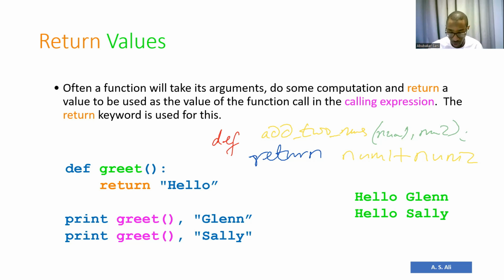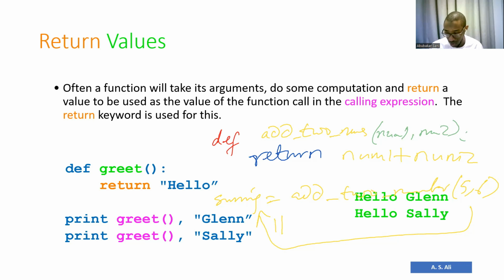And that's something I might want to have. Outside my function, I will have, let's say, summing equals add two numbers. I will call the name of the function and pass 5 and 6. So it is going to add 5 and 6, which is 11, and this 11 is going to be stored inside summing. So the summing variable will be 11.